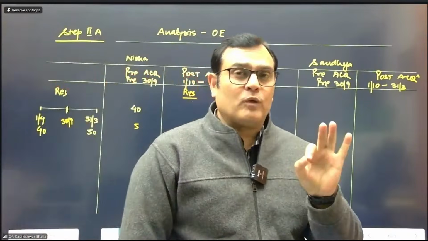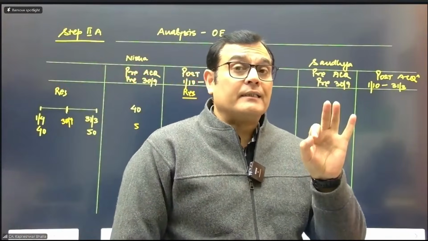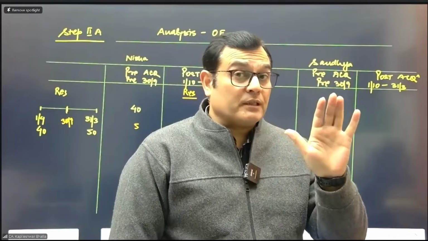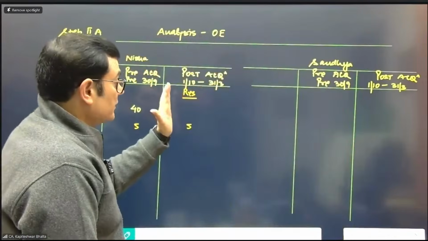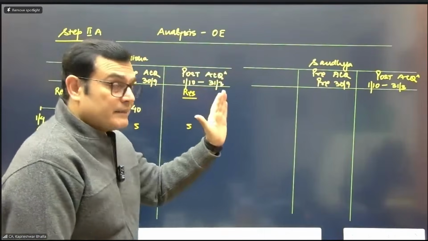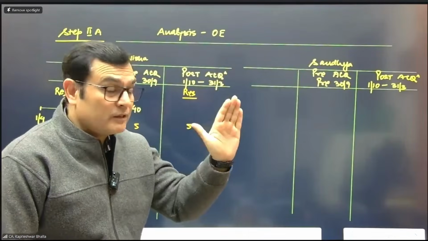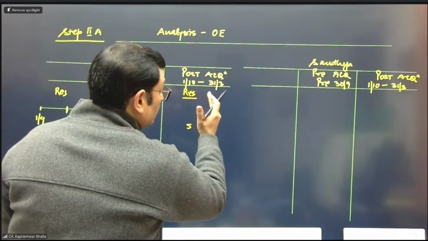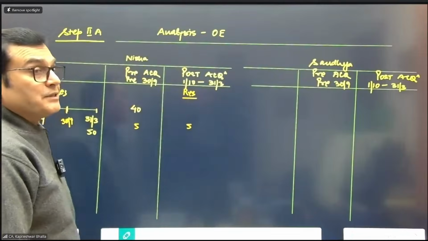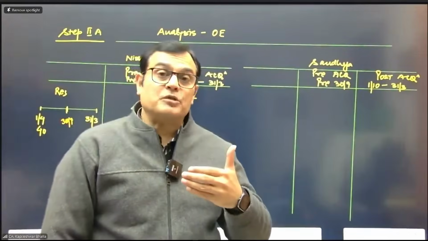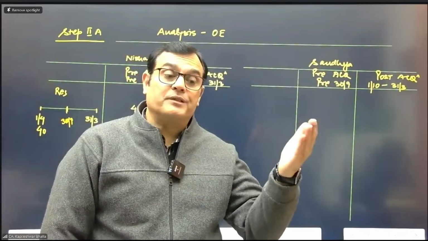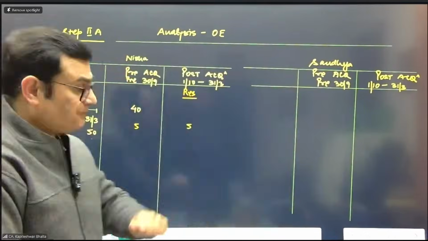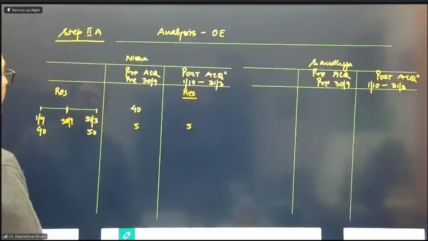In fact, whatever questions we have done so far, there has been no post-acquisition reserve. But when you consider a post-acquisition column, it is appropriate that we segregate it according to different items: a separate column for premium, a separate for reserve, a separate for RE, as the case may be. Because post-acquisition reserve will get added to reserve, post-acquisition RE will get added to RE, and so on. Okay, so this is done.